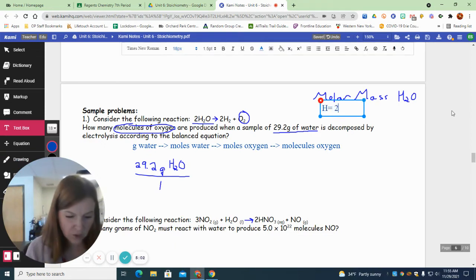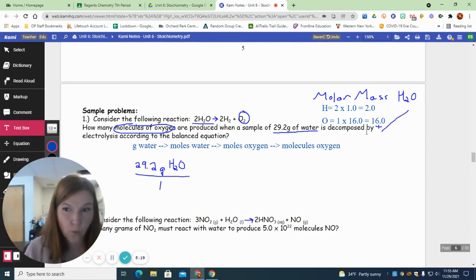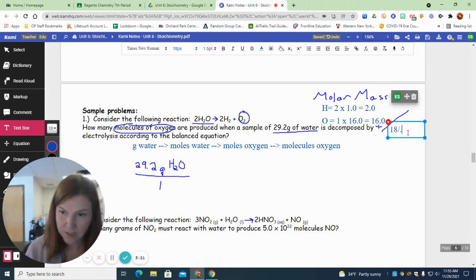I know I have 2 hydrogens, each with a mass of 1.0 to give me 2.0. I have 1 oxygen, a molar mass of 16.0. Again, taking those masses to the 10th place as always. Add those together. My molar mass for water, H2O, is 18.0 grams per mole. Okay?